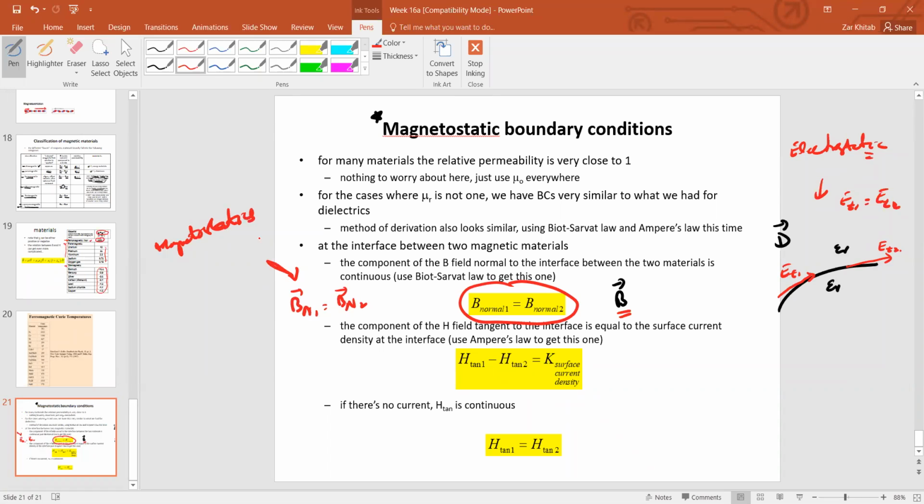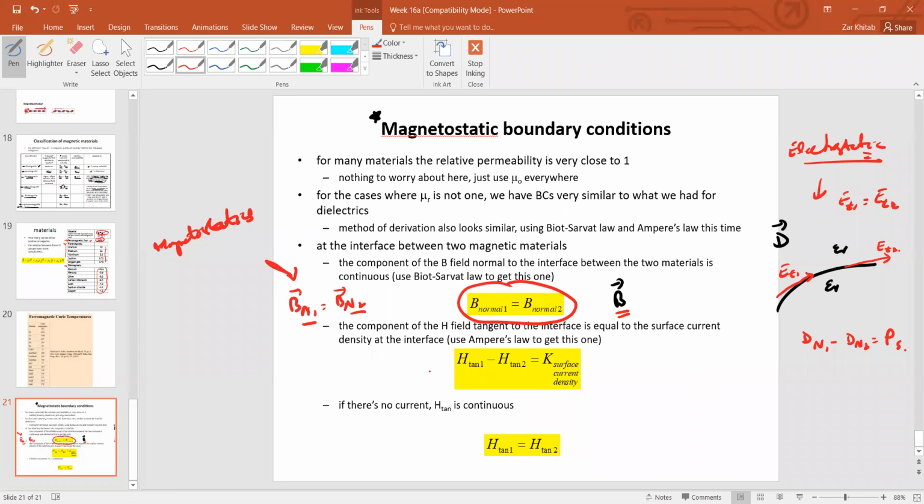In electrostatics, D normal 1 minus D normal 2 was equal to rho S. Here we have H tangential 1 minus H tangential 2 equals K, the surface current density. That was the surface charge density because charges were static.